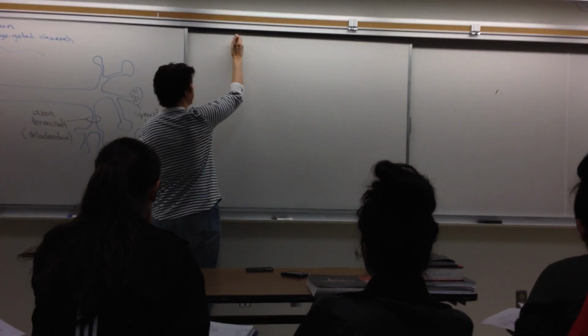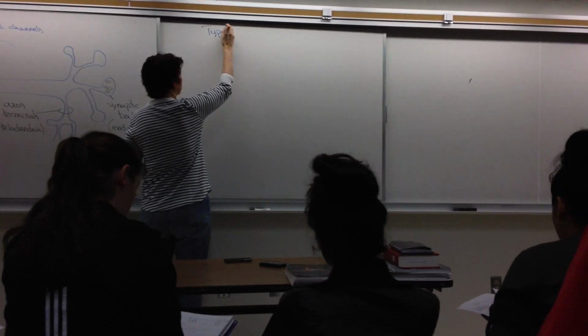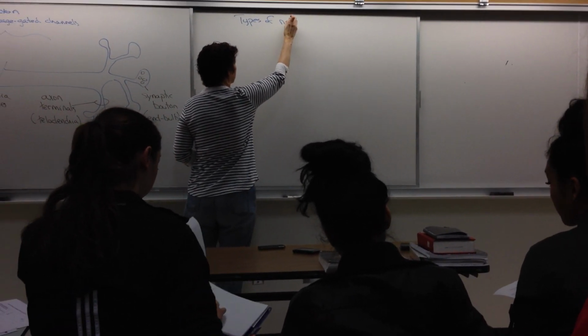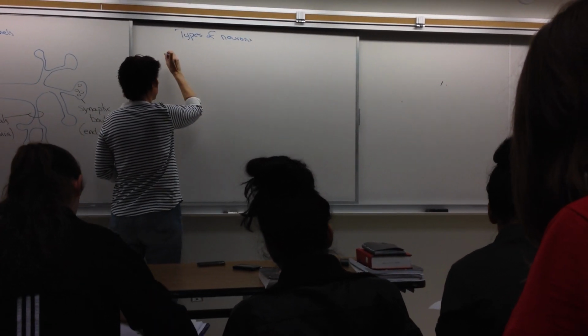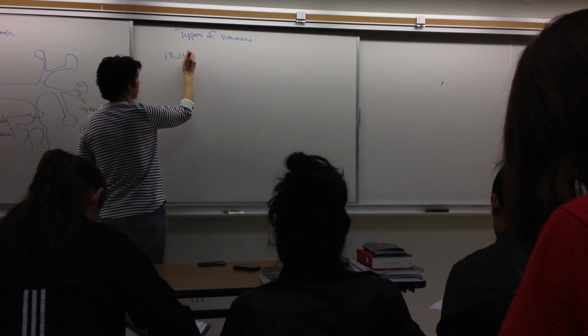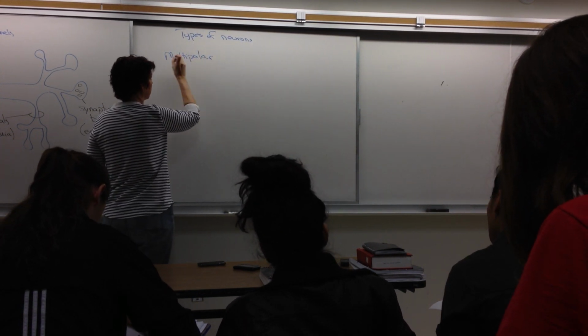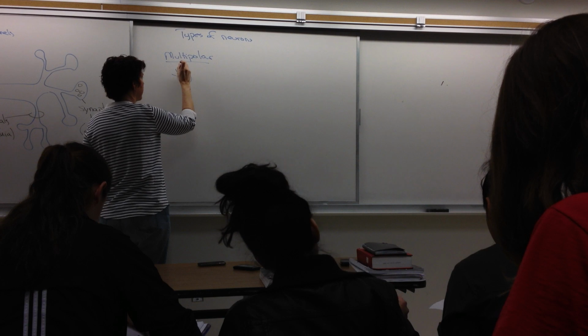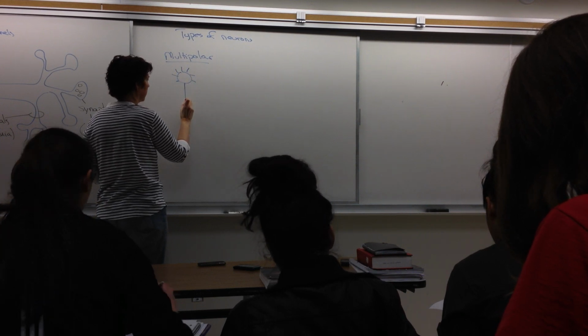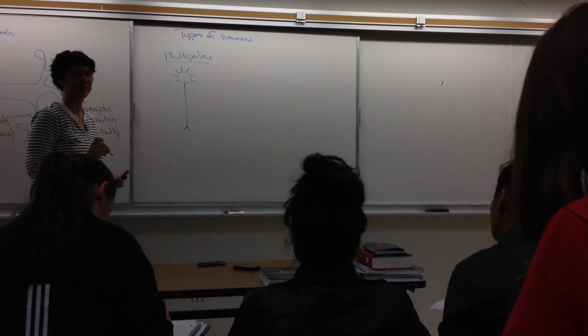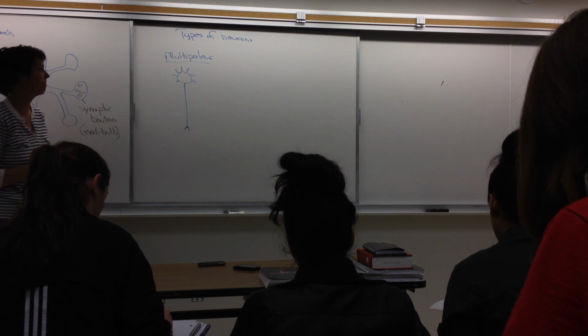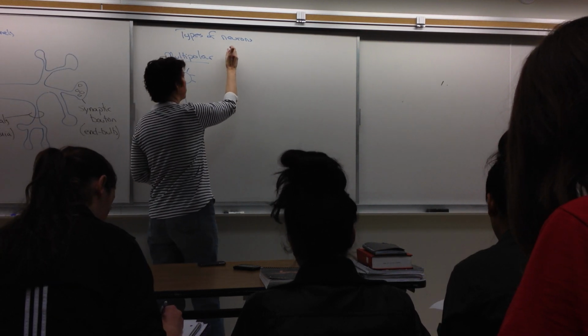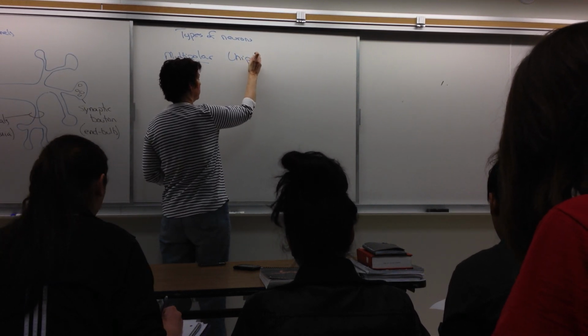So when we look at types of neurons, we just drew the multipolar, which has dendrites and a long axon. Your lab manual uses the term unipolar.